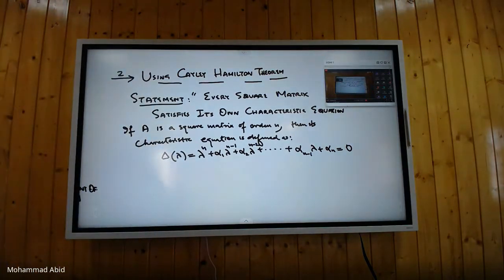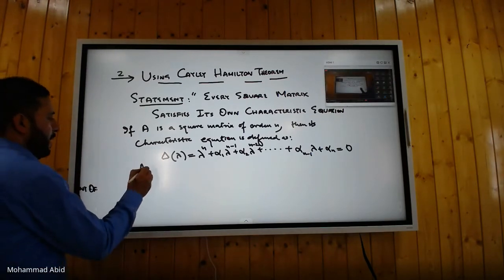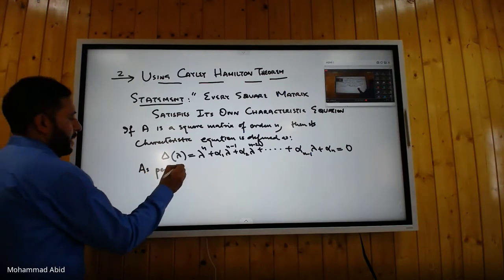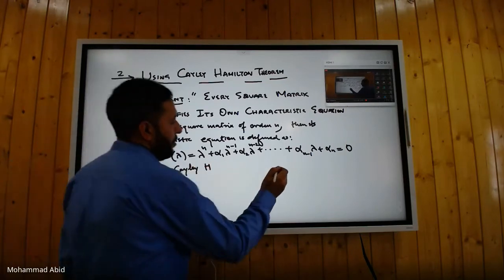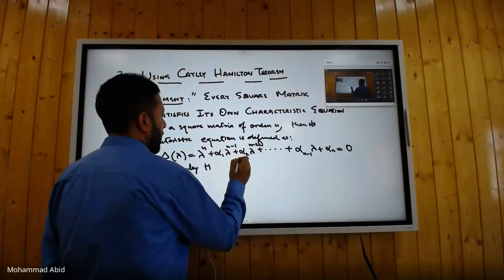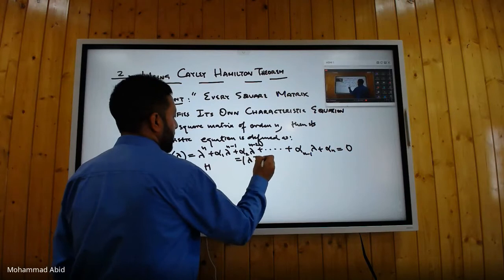Isn't it? For a square matrix of order n, the characteristic equation is defined like this. Then, as per the Cayley-Hamilton theorem, this is actually equal to the determinant of lambda I minus A, isn't it?